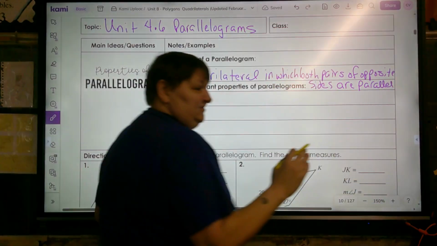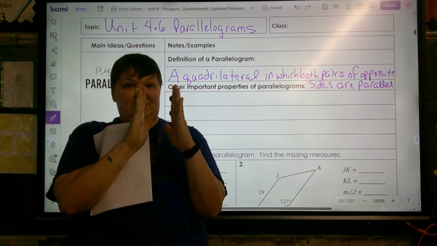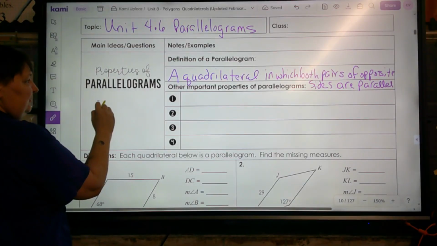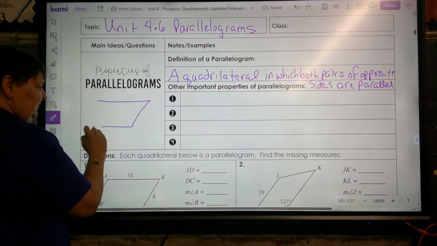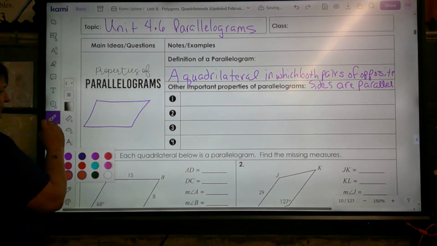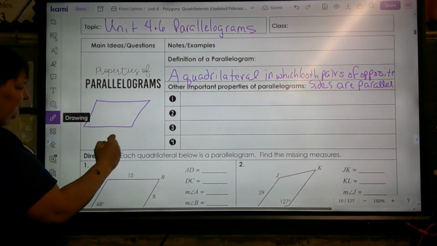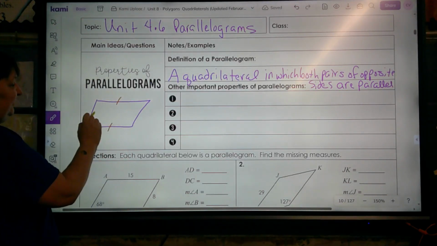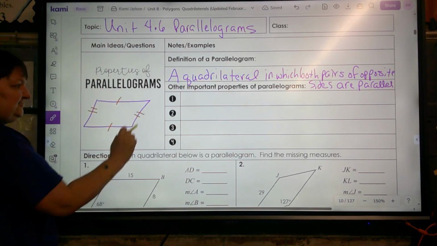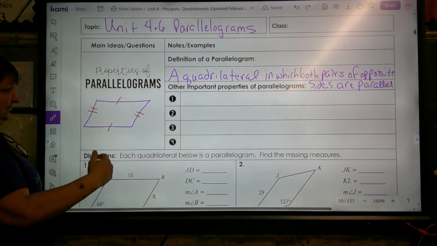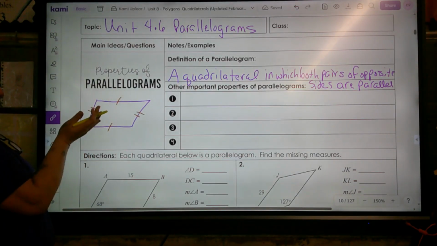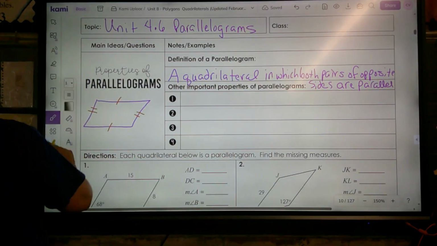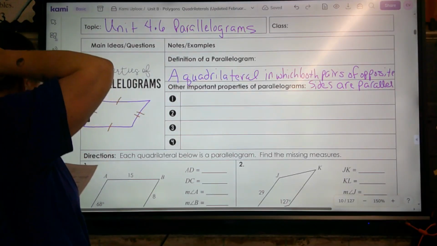Remember, parallel means that they run side by side and they never intersect, right? So it's talking about a 4-sided quadrilateral in which this side is parallel to this side, they never intersect, and this side is parallel to this side. Parallelogram.